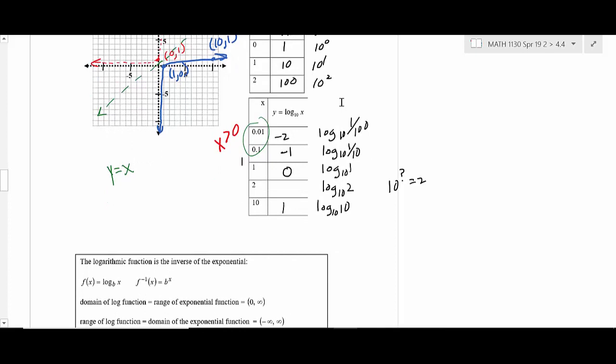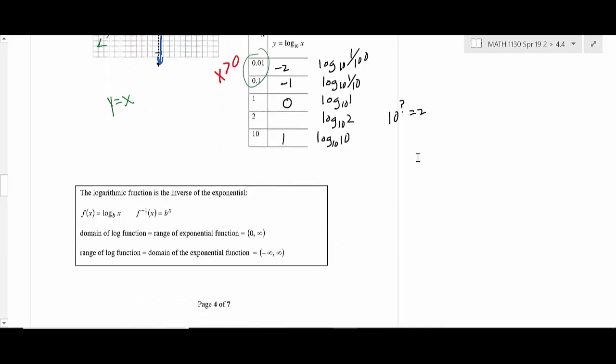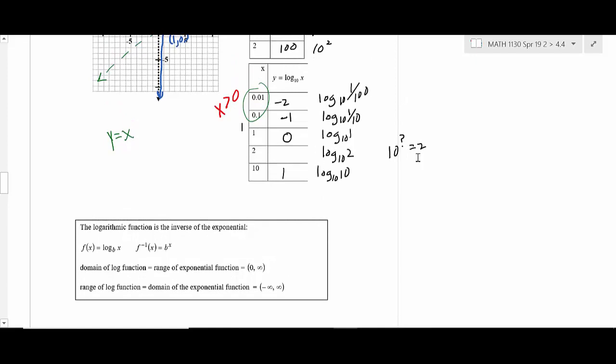Okay, so we're going to look a little bit at down below here. We're going to work a little bit more on graphs here. But one thing that we want to know is a log is an inverse of an exponential, and that's what I just showed you on that example. This is a log. Its inverse is going to be b to the x. Okay?